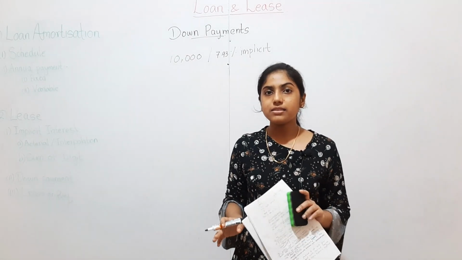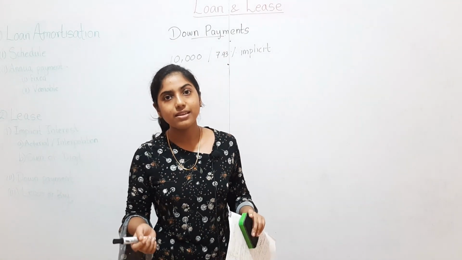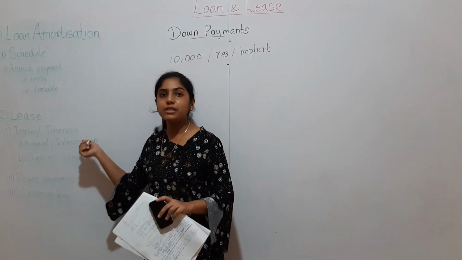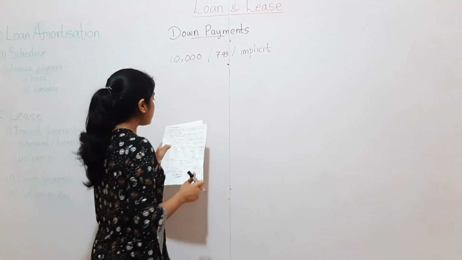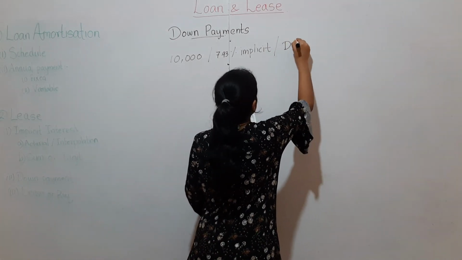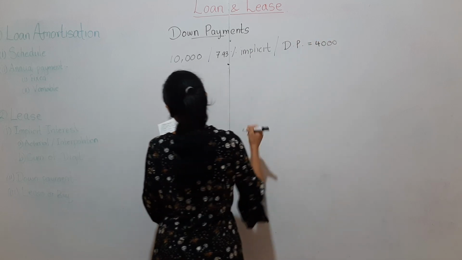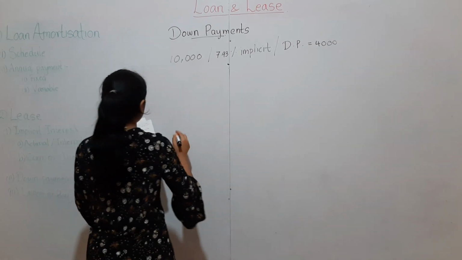But in leases, the interest rate that we use is the implicit interest rate that we calculated as per the previous methods. They made a down payment of 4,000.